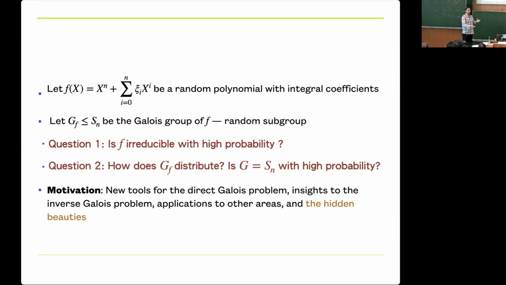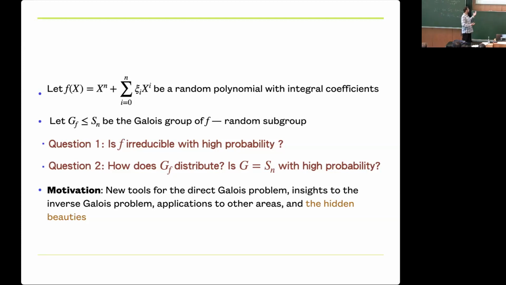Given some polynomial or geometric object like a monodromy group or a Galois representation, can we compute the Galois group, or can we say that it's large, or can we say something on the Galois group? I call it the direct Galois problem just because it's the opposite of inverse. And the direct Galois problem is really important in application all over algebra and number theory and probably beyond. So it's nice that these kinds of questions, that are naive in a sense, produce new tools for the important question in some sense.